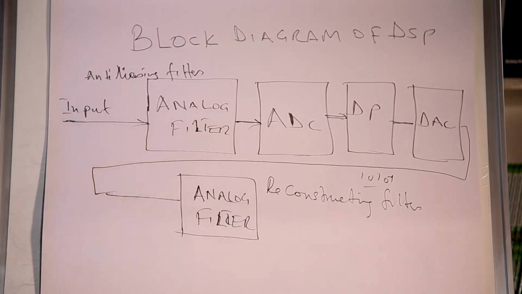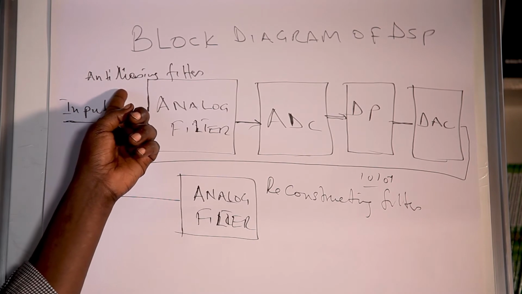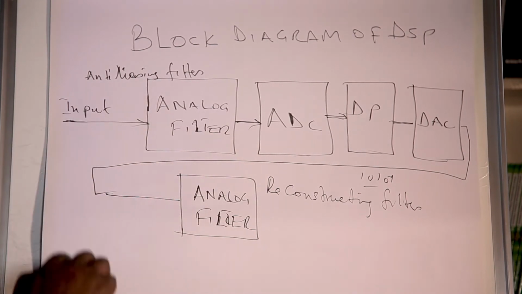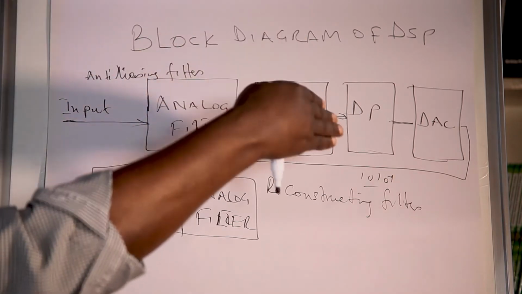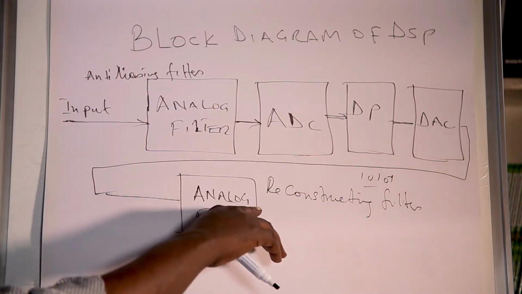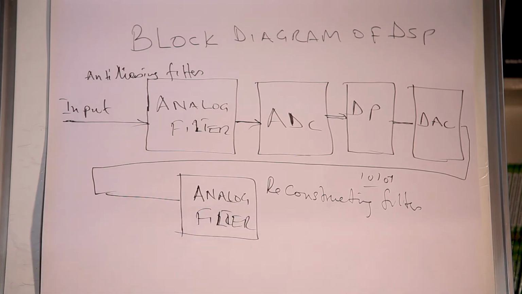So it has been joined or connected using these filters from the input, but also reconstructed again because it has been separated through all these main blocks. Then it has to be reconstructed.